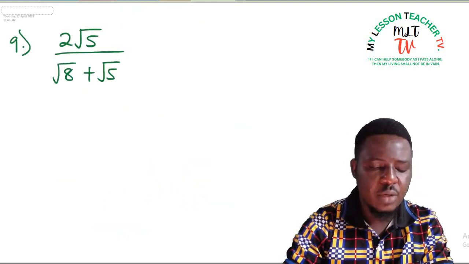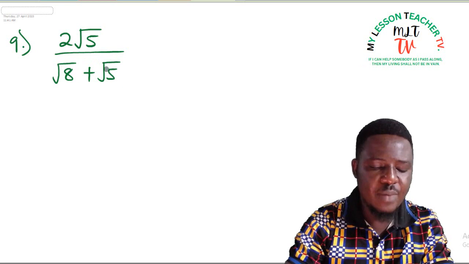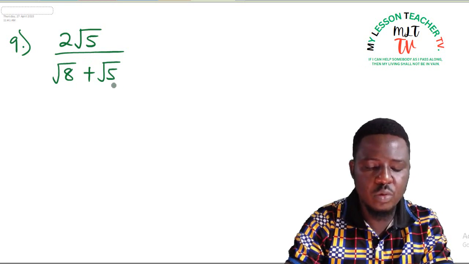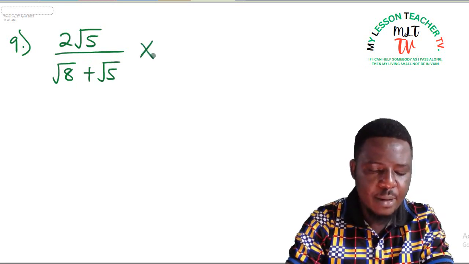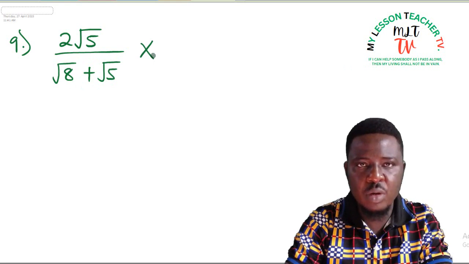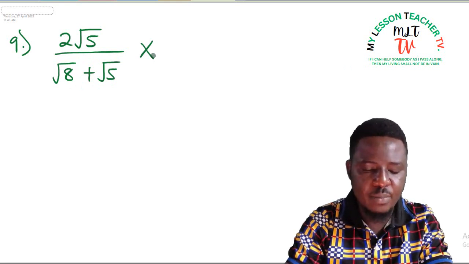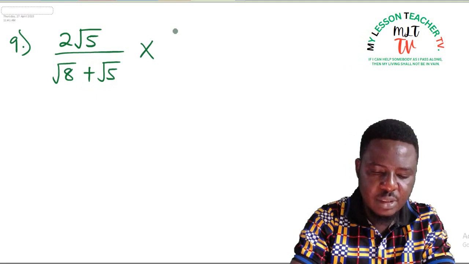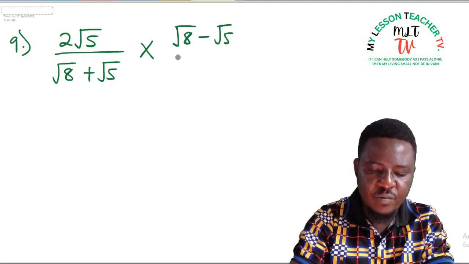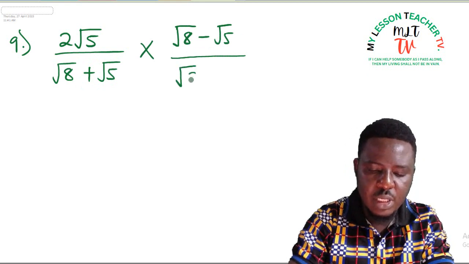Question 9, we have 2 root 5 divided by root 8 plus root 5. You have to multiply both the numerator and denominator by the conjugate of root 8 plus root 5. And that gives us root 8 minus root 5 divided by root 8 minus root 5.